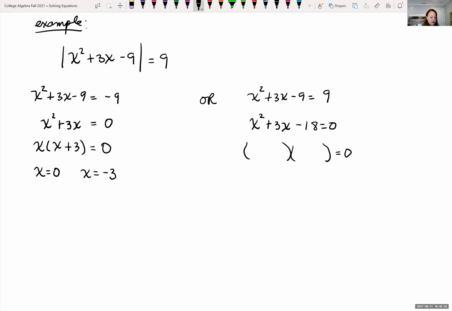Well, 6 times 3 is 18, and 6 times negative 3 is negative 18. 6 plus negative 3 is 3. So x plus 6, x minus 3. Set each factor equal to 0 and solve for x. So x plus 6 is 0 when x is negative 6, and x minus 3 is 0 when x is equal to 3.